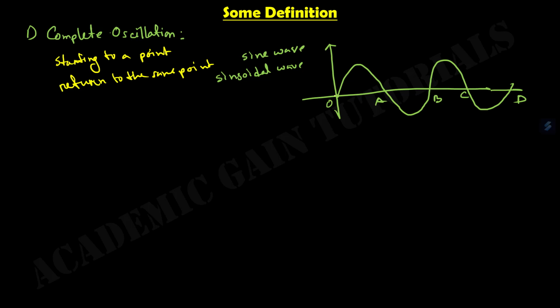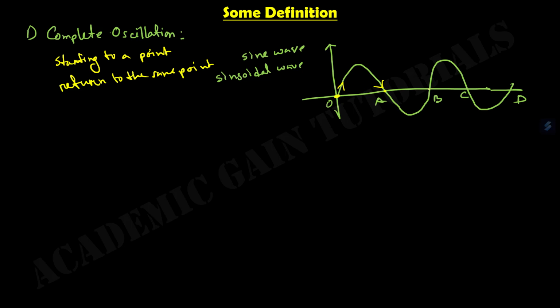Here we can see that at the O position our sinusoidal wave is starting, and this direction is upwards. At the A position the wave is at the same position, but the direction is downwards.